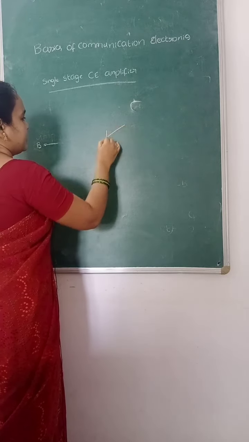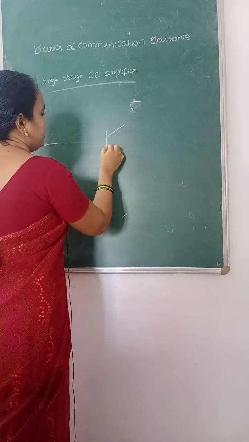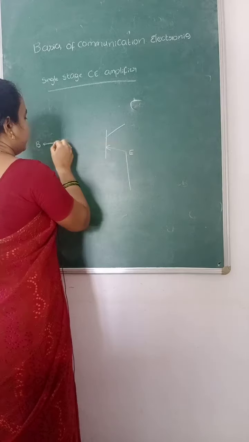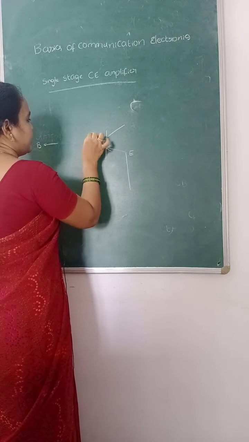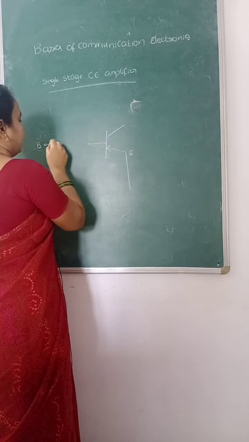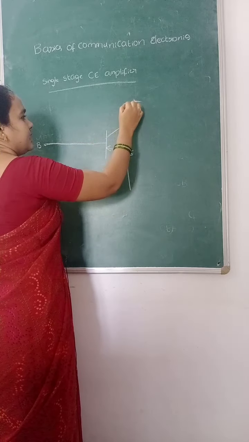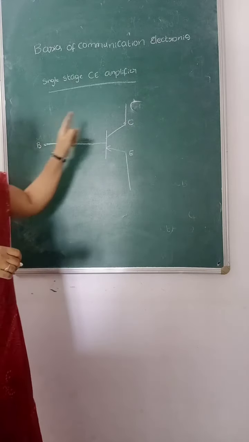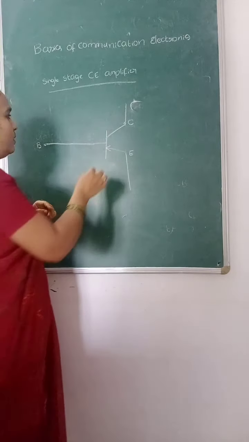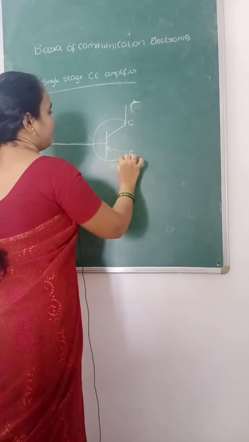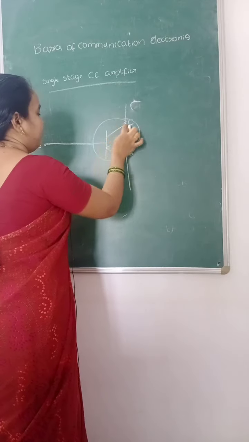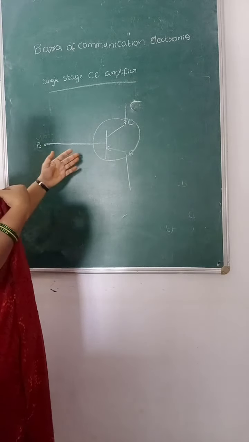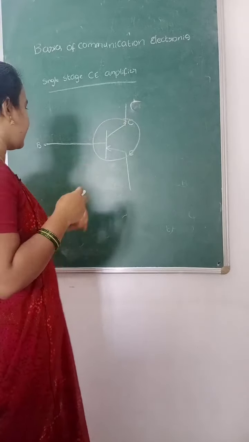This is the transistor with three terminals. This is a PNP transistor: the emitter, the base, and the collector. Or if you consider an NPN transistor, we can also draw it like this.